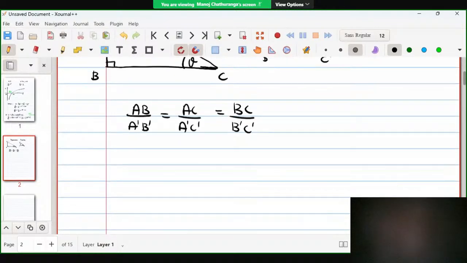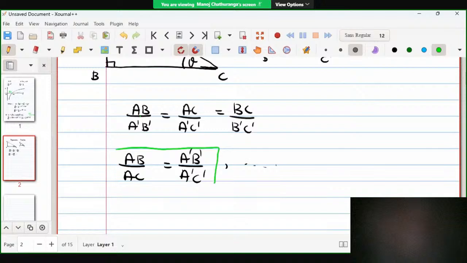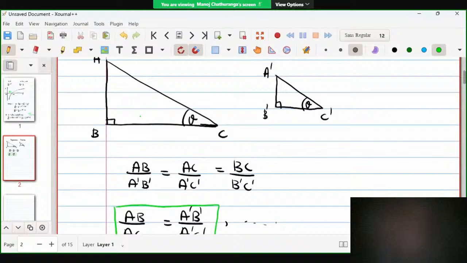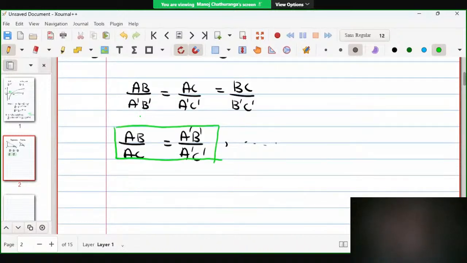Because of this, you can say AB over AC equals A prime B prime over A prime C prime, and likewise. Because of this, people realized that for a right triangle, this ratio does not depend on anything but the angle.